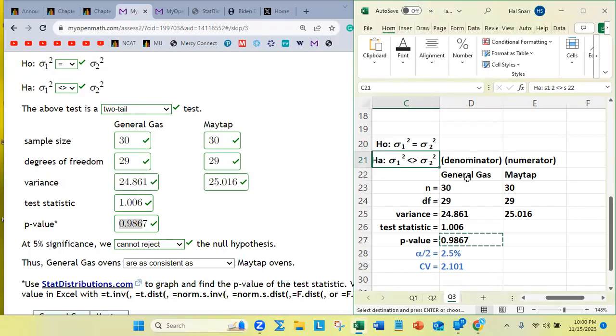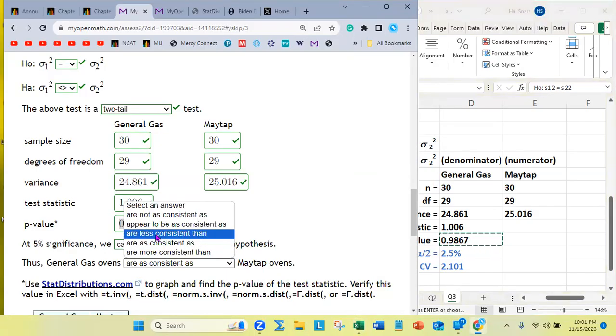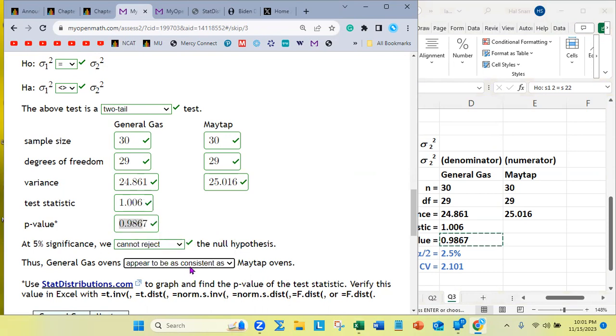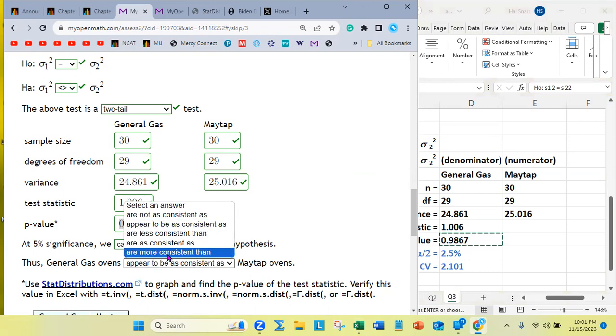So what we're really saying here is we cannot reject the null. We can't accept it; we cannot reject it. So what we're saying here is it appears to be as consistent. We can't say they are as consistent. What we can say is they appear to be as consistent, right?